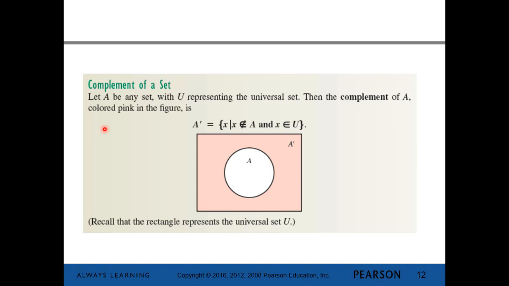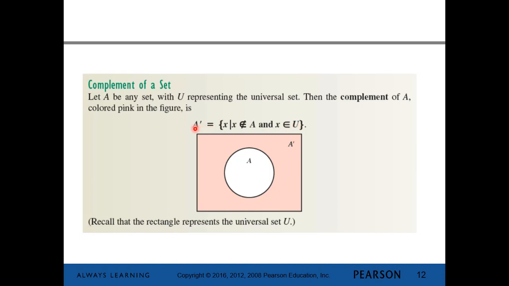Here's the set A, all the elements that are inside A. The complement of A is everything that's outside the circle. The shaded region here in pink is A complement. We use the prime, so A prime is A complement. The definition of A complement is the set of all x such that x is not an element of A. This symbol here means you're an element of the set.